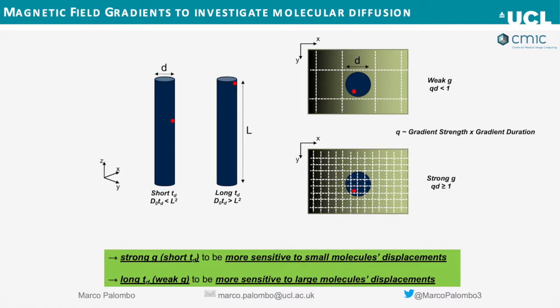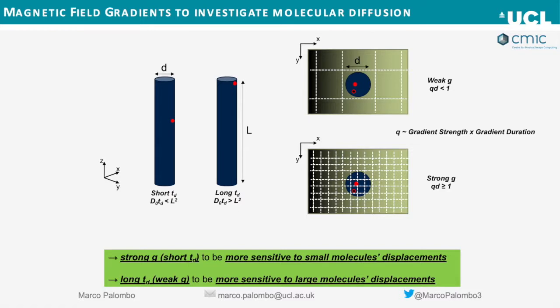But diffusion time alone may not be enough. In fact, if we want to be able to measure the fiber diameter, we also need a grid fine enough that allows us to measure displacements as small as the diameter. So we also need strong gradients to effectively be sensitive to the displacement of the molecules restricted in the fiber.